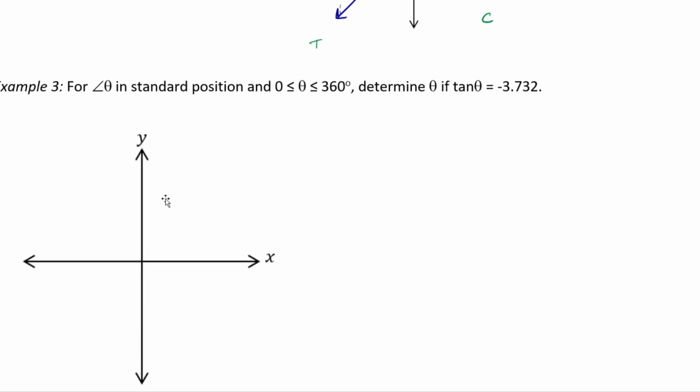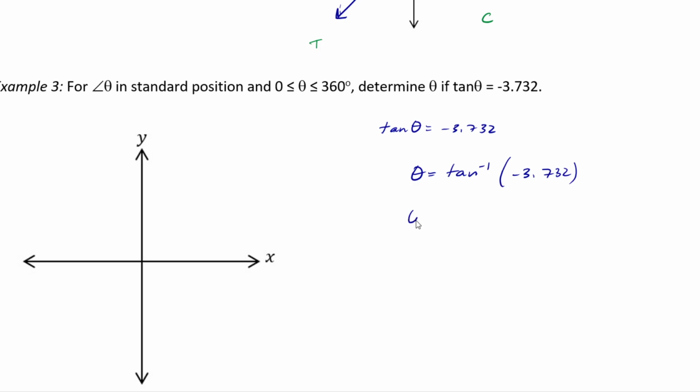In the next example, it says for theta in standard position, and theta is an angle between 0 and 360 degrees, determine theta if tan theta is equal to negative 3.732. Well, if tan theta is equal to negative 3.732, I can find theta by using the inverse tan of negative 3.732.